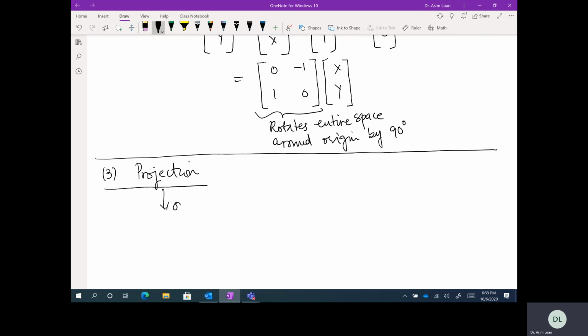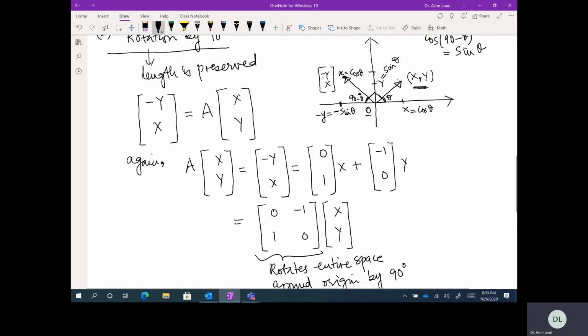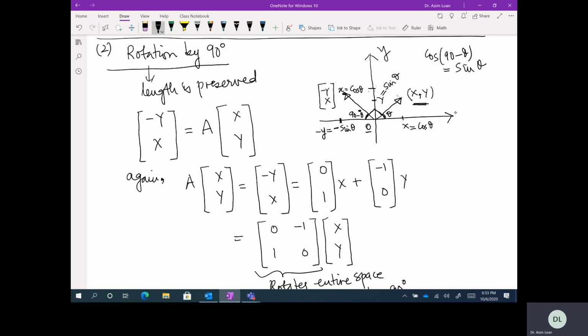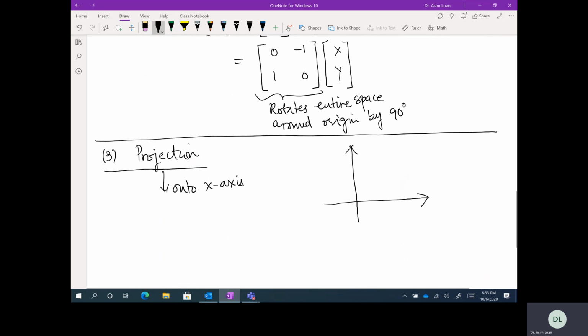Again, I have x and y, so this vector is (x, y), and I project onto the x-axis.